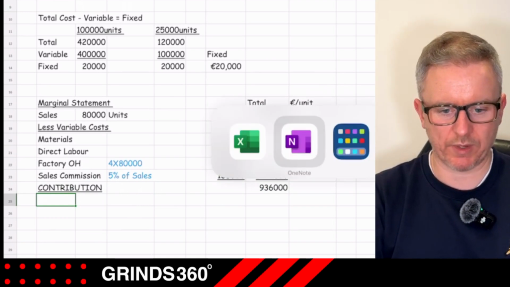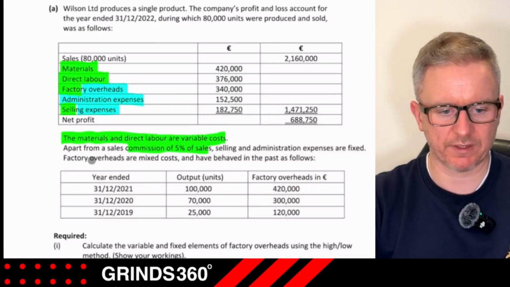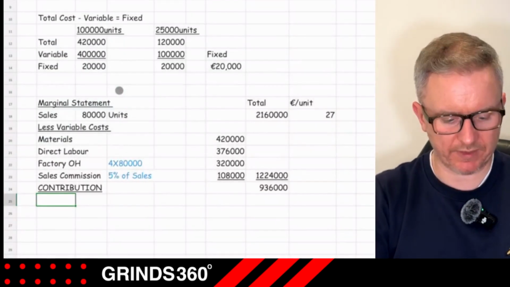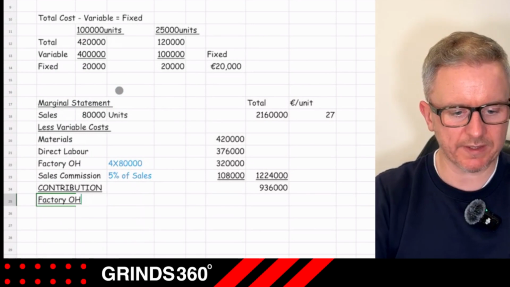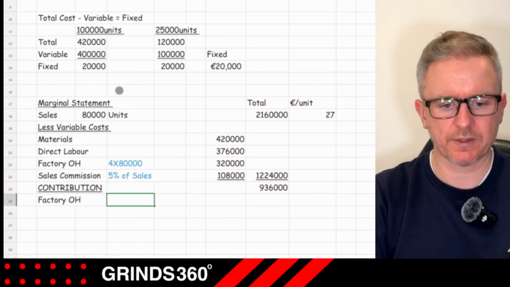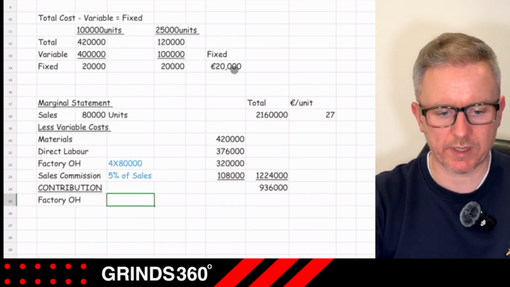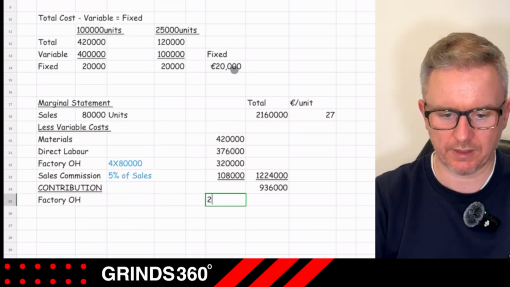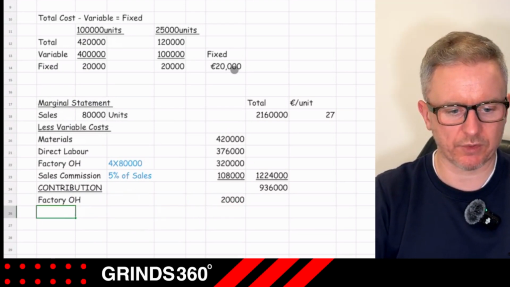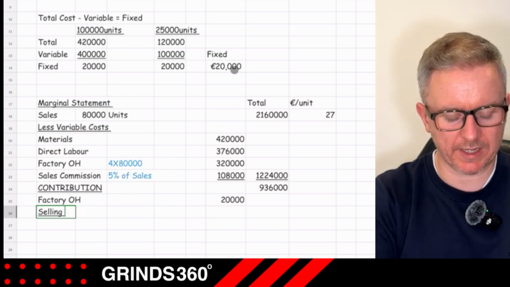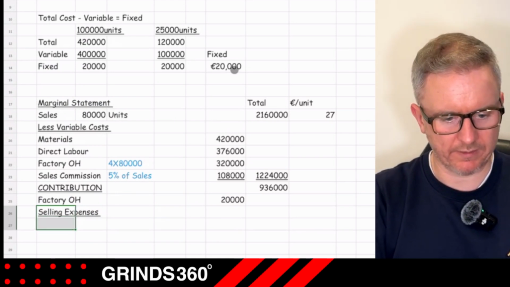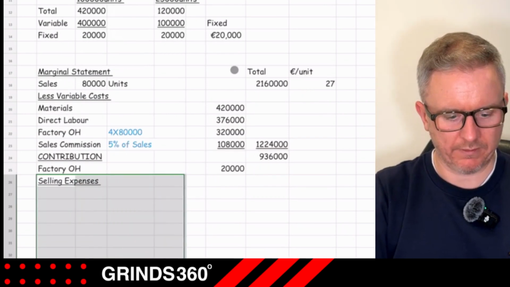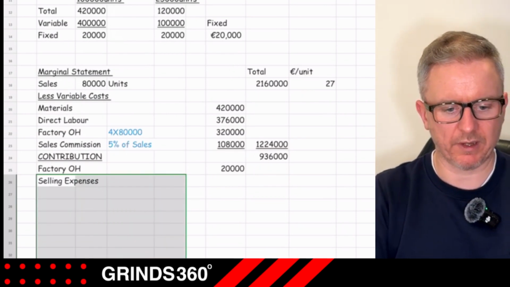So go back to your question and take the figures that are fixed. There is an element of that factory overhead that is fixed. We worked that out and said it's 20,000 euros, so that goes straight into my column there. We also know that the selling expenses are broken into a variable and a fixed element.